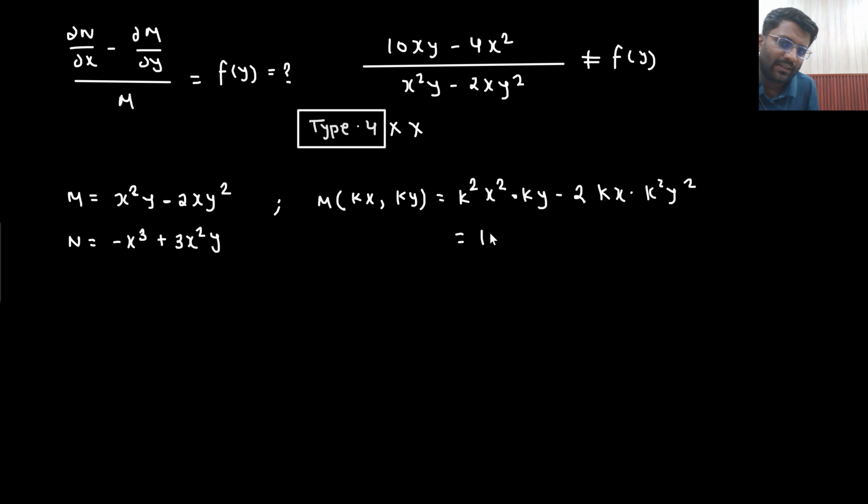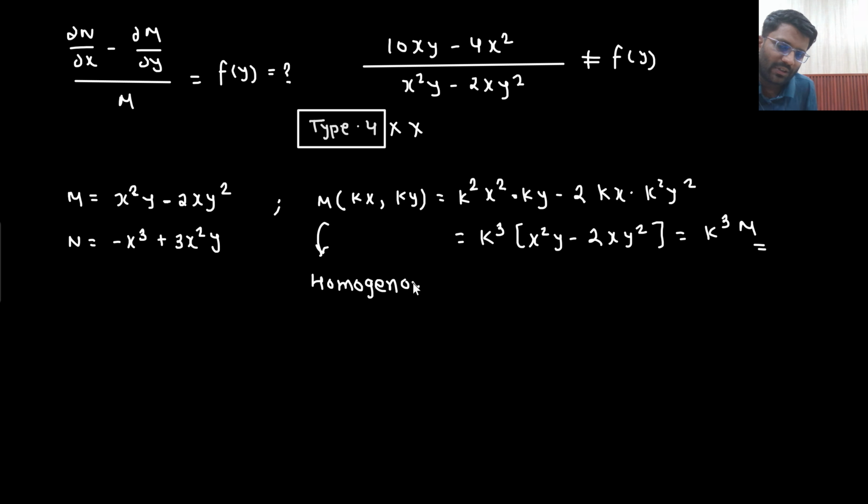So k to the power 3 is coming outside, x square y minus 2xy square. That means this is nothing but k to the power 3 into M. That means this is a homogeneous function of order 3. And similarly, this is also a homogeneous function of order 3.